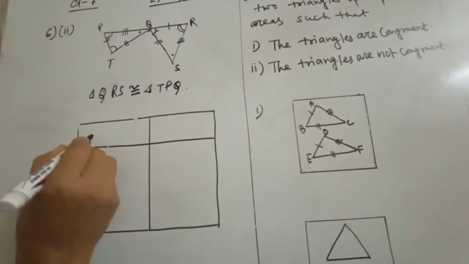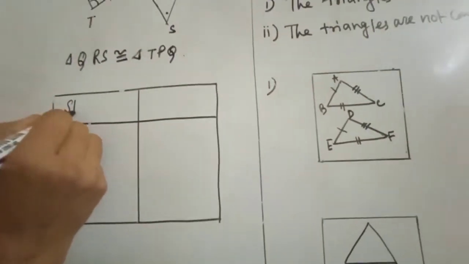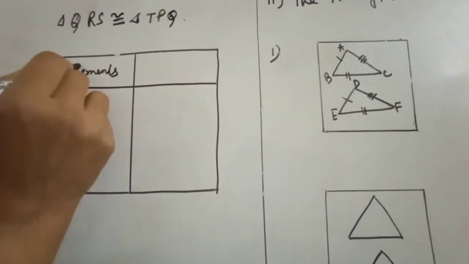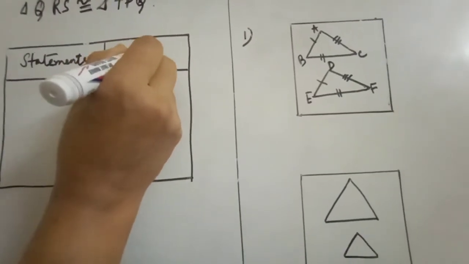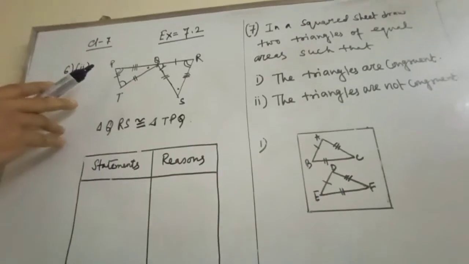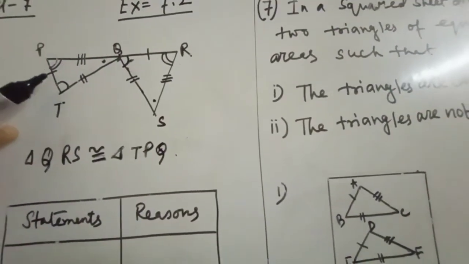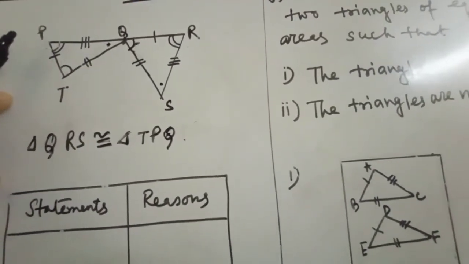So how can you prove that these two triangles are congruent? Write there in this box, statements and reasons. In the statements, you can use the SSS criteria, or you can use the angle side angle criteria.